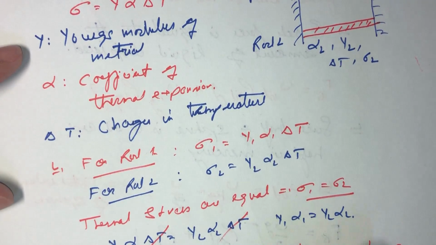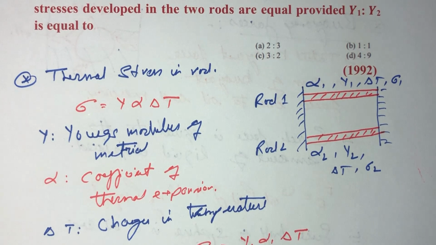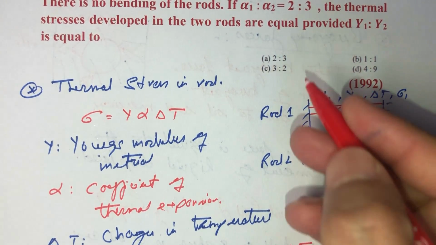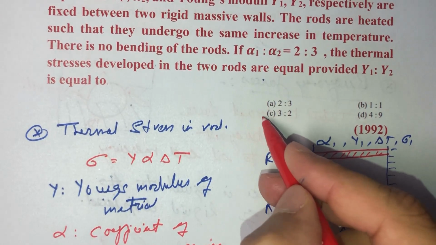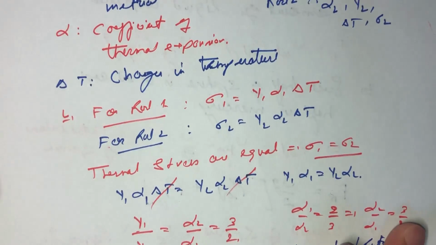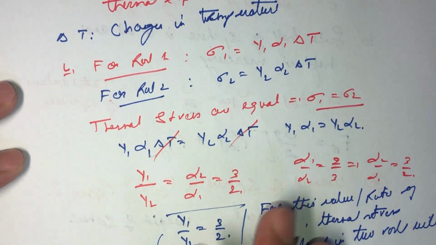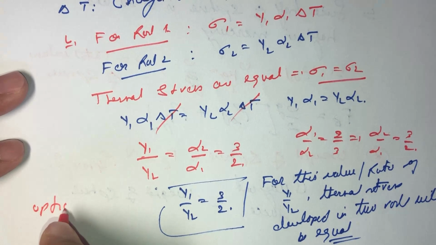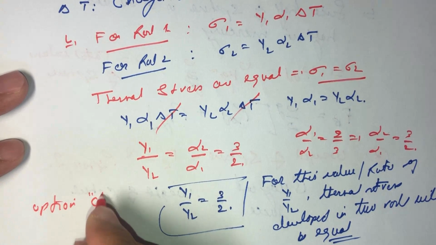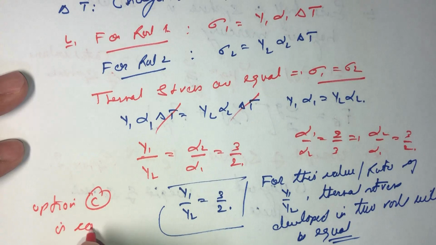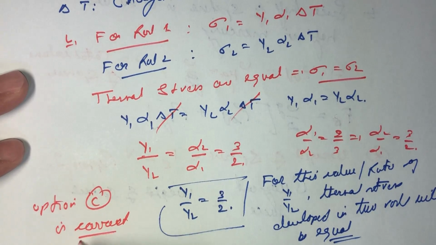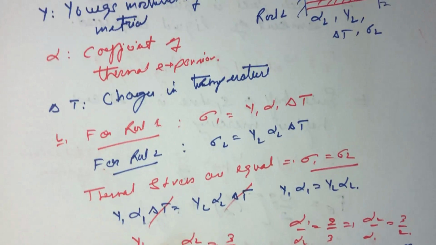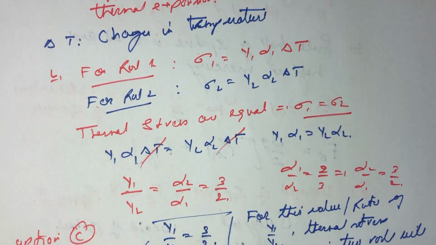So this comes as 3:2. So we can say that option C is the correct option. This completes the question. Thank you.